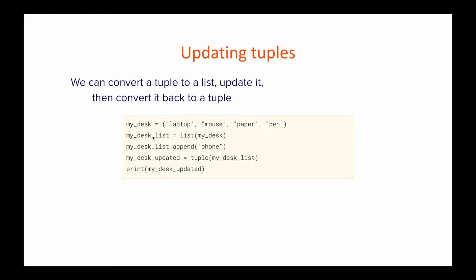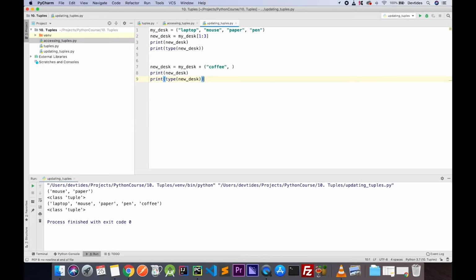We use the list function to convert that tuple into a list. Then we use append to add an element to our list. Then we have a new tuple with the function tuple that is passed the list here and creates a tuple for us. So let's go ahead and try that.